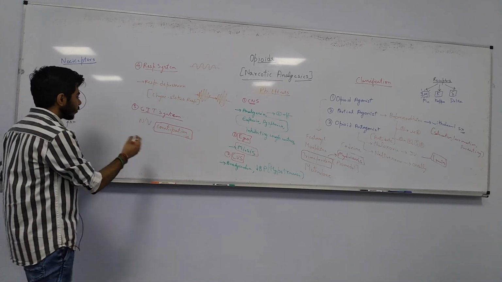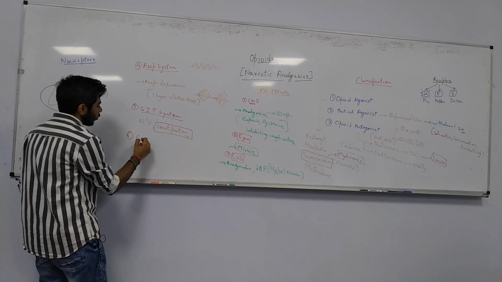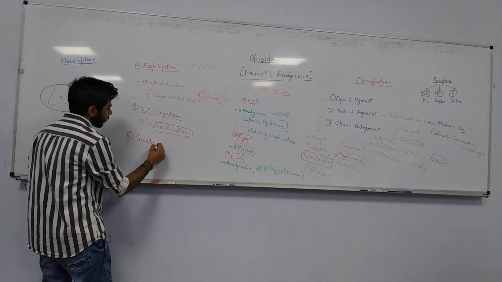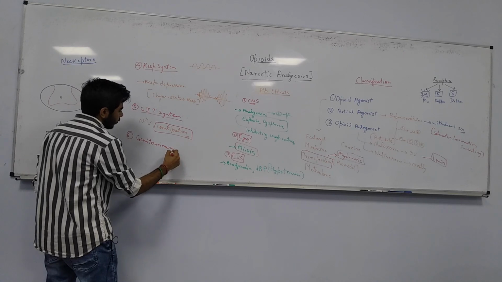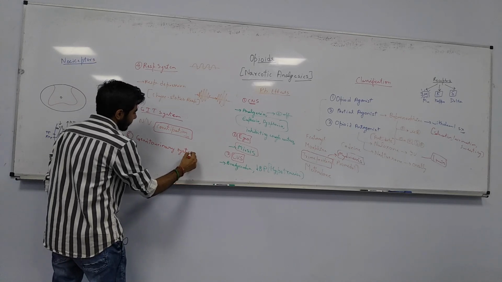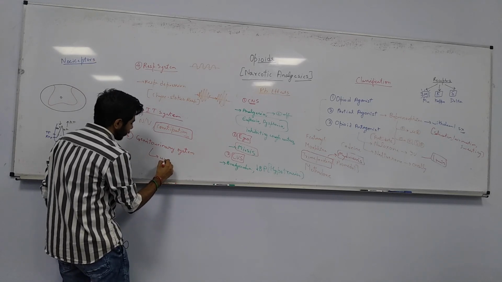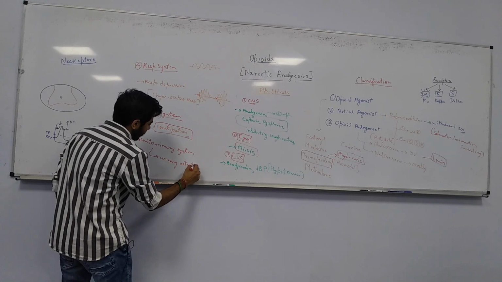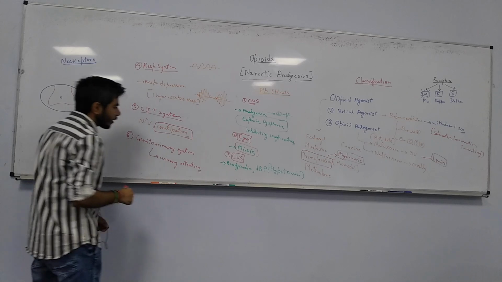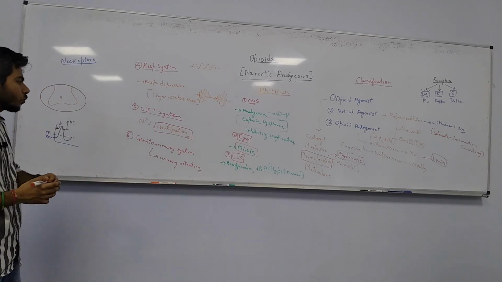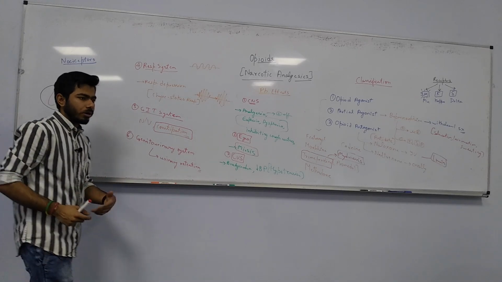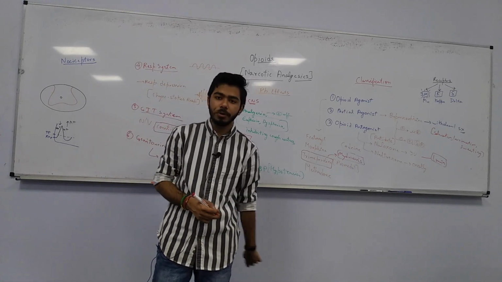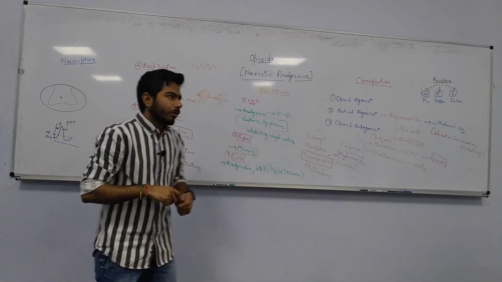So in the genitourinary system, you can see there is urinary retention. That much effect can be appreciated in the patients who are using opioid drugs. Okay, fine. So these are the effects.